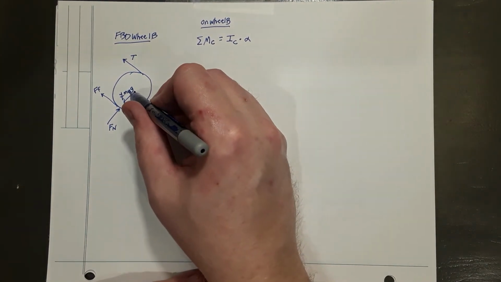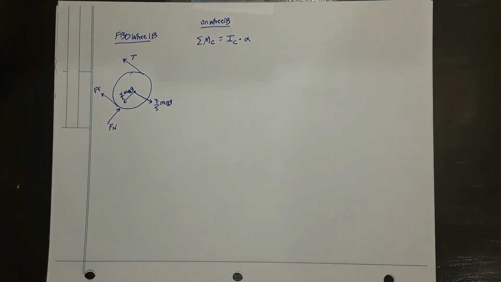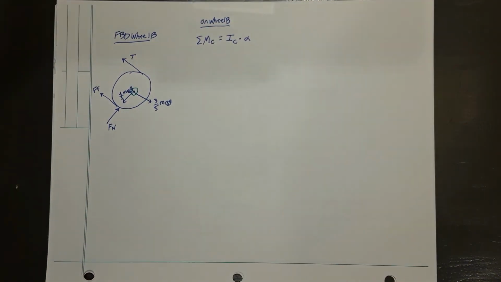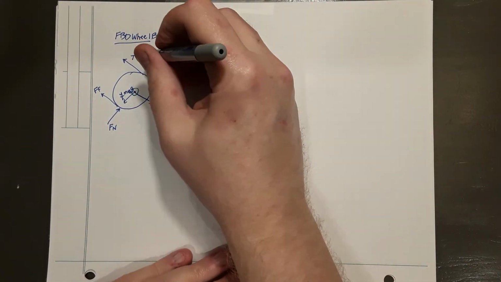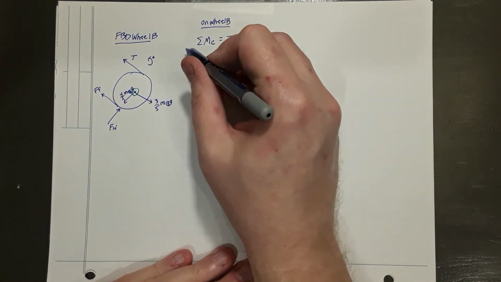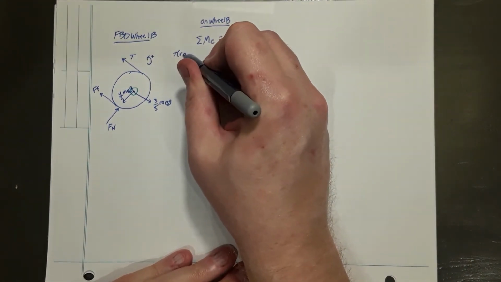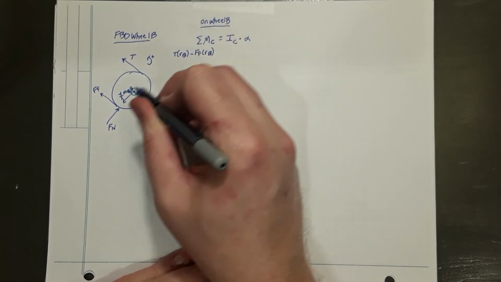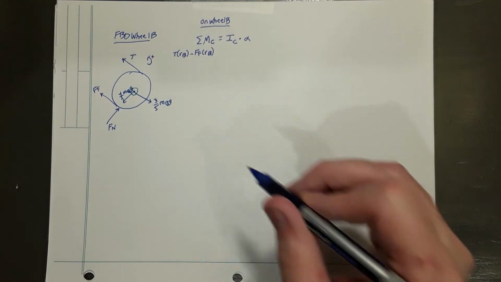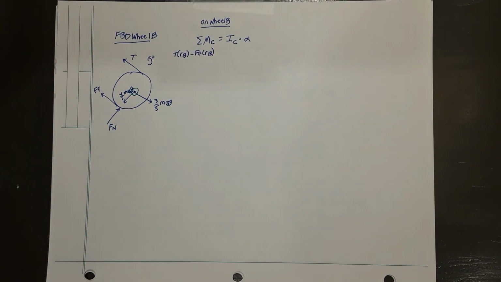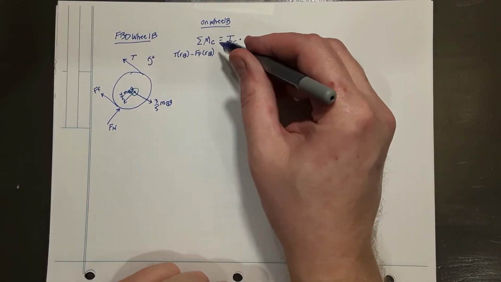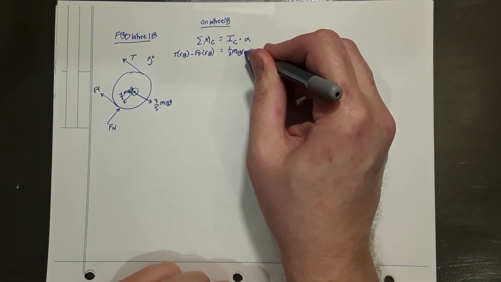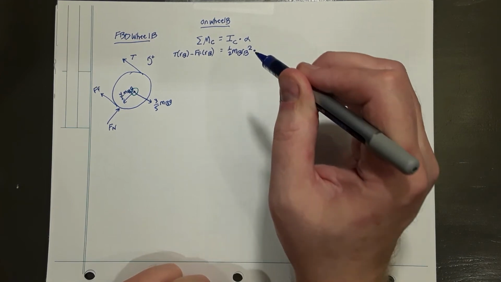And around the center of mass, if I take that as my axis of rotation, the tension is only acting at a distance of RB. But the force of friction is also acting at a distance, RB, from the centroid. But it's in the opposite direction, so it'll be a negative component. Moment of inertia around the centroid is 1/2 MBRB squared.